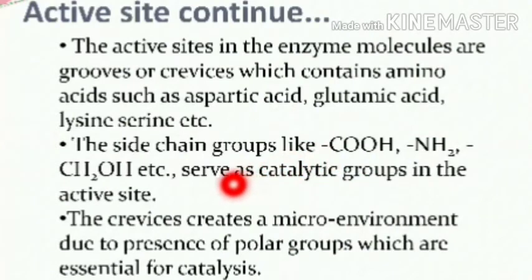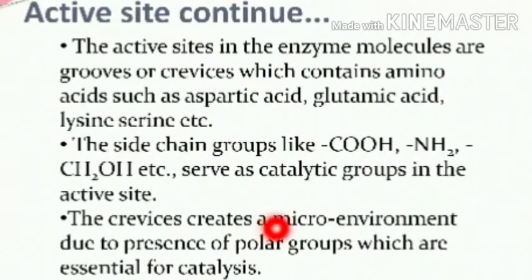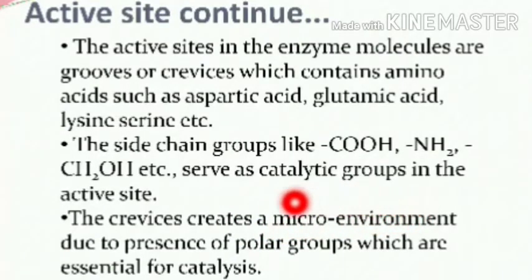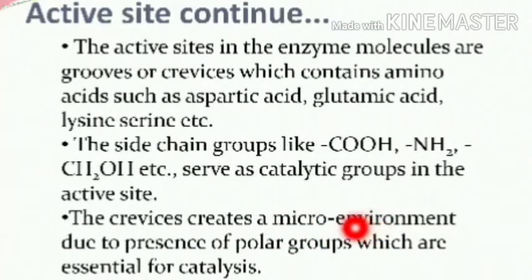The specificity is due to these groups or amino acids. The crevices create a microenvironment due to the presence of polar groups, and these polar interactions are essential for the catalytic action of the enzyme.